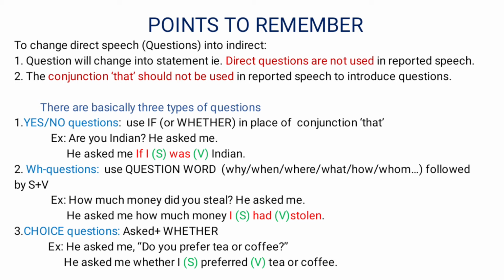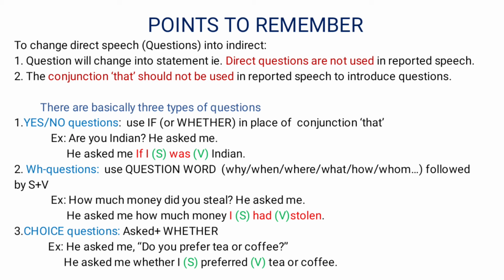For example, how much money did you steal? He asked me. So, how are we going to report it? He asked me how much money I had stolen. So, my reported question is beginning with the WH word, how much money, and followed by subject plus verb. I hope it is clear.